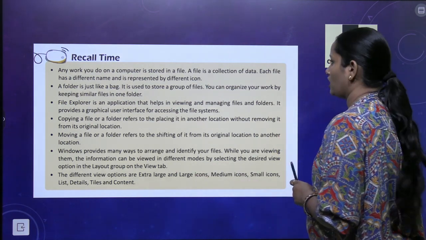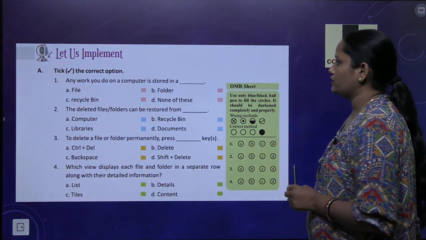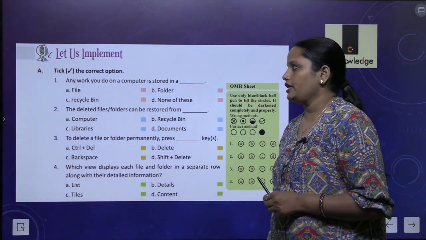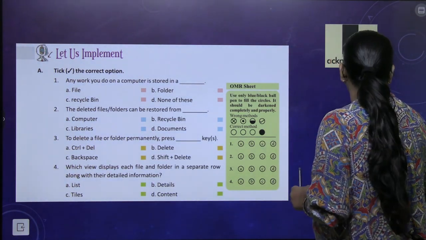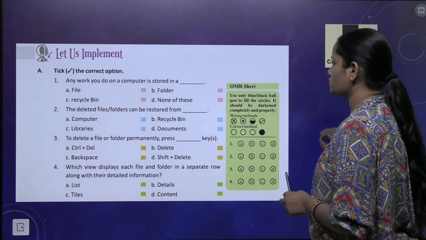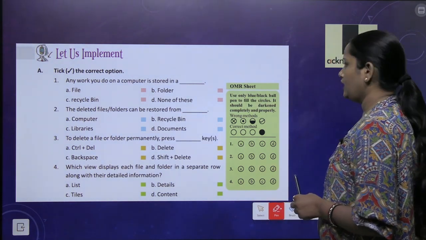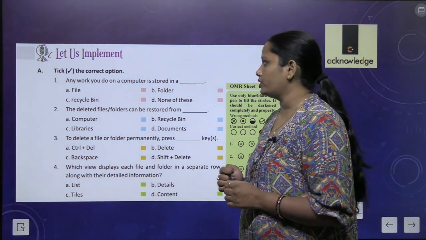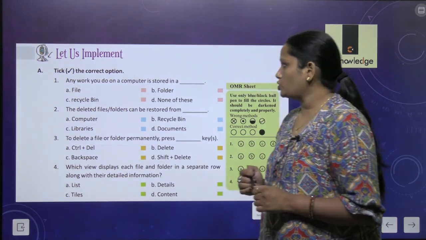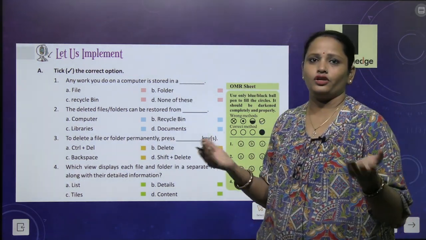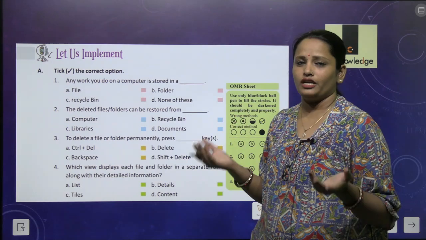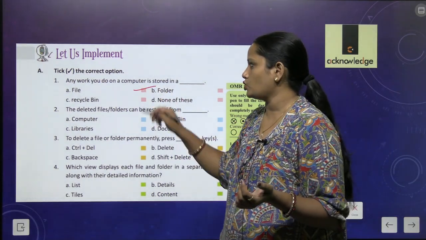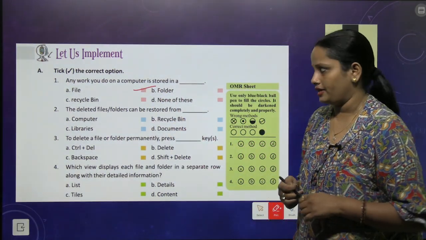Now next we are going to do the exercises given in your book. So be ready. First question says, any work you do on a computer is stored in a dash. Whatever work we do in our computer, where is it stored? Yes, it is stored in the file.